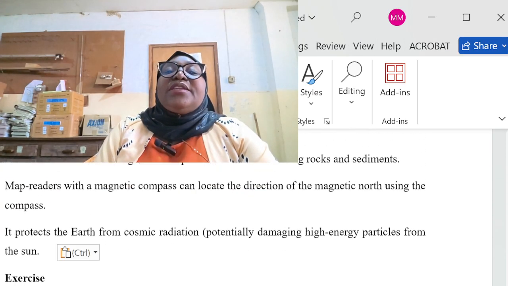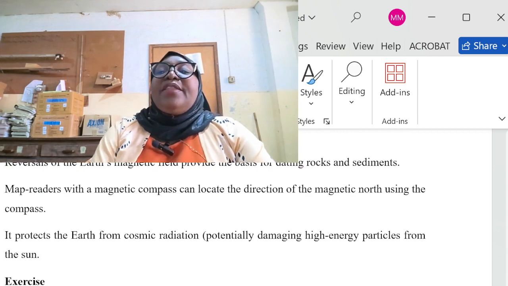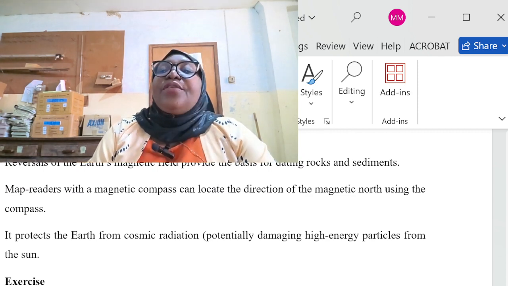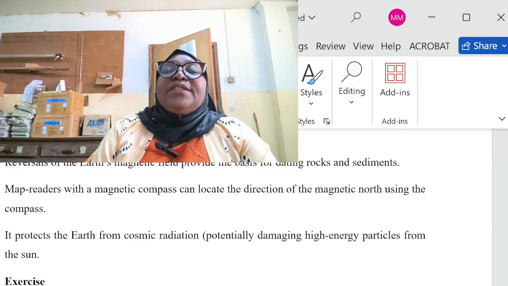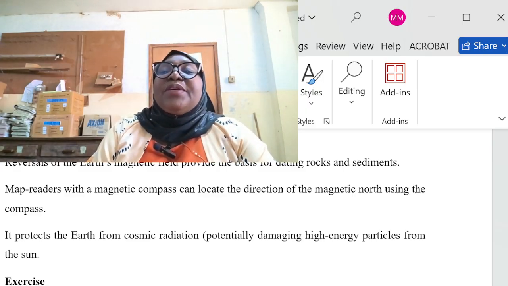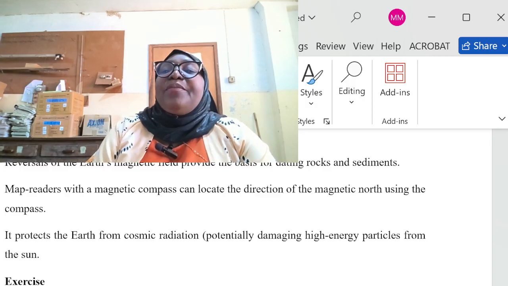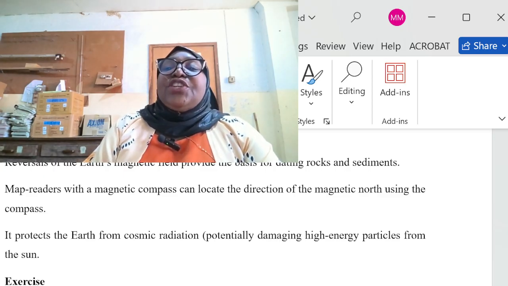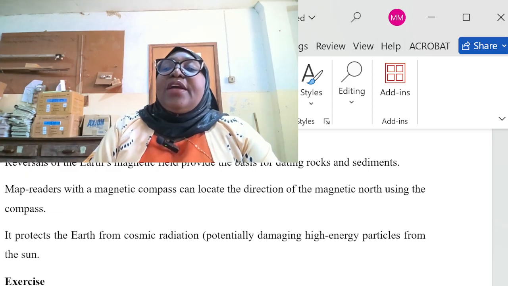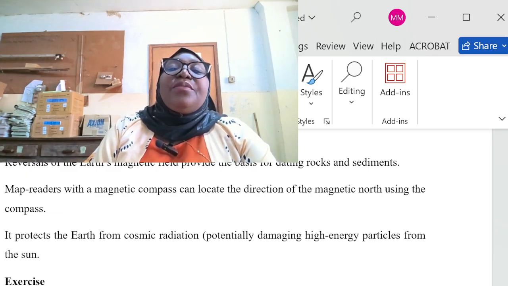Reversals of the Earth's magnetic field provide the basis for dating rocks and sediments. Also, map readers with a magnetic compass can locate the direction of magnetic north. Also, it protects the Earth from cosmic radiation, potentially damaging high energy particles from the sun.